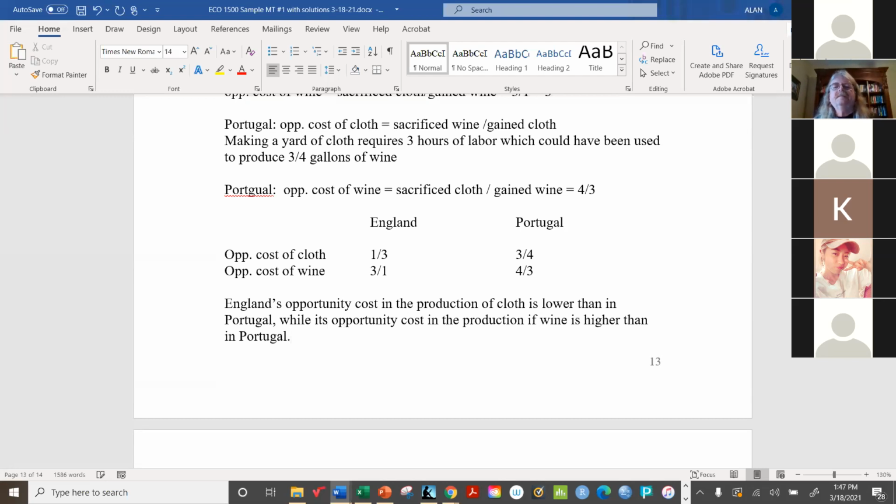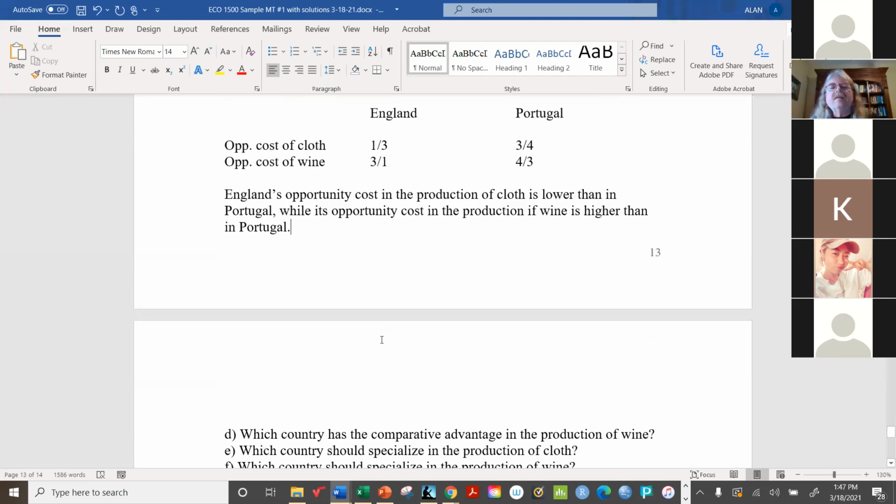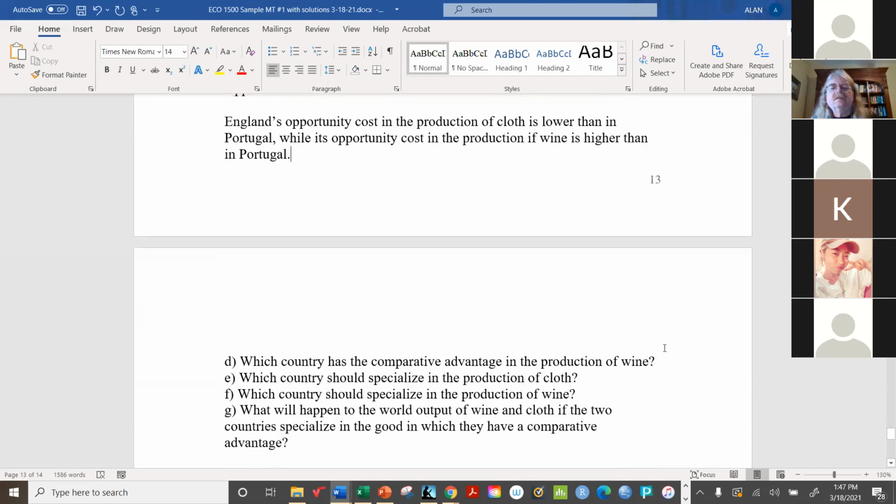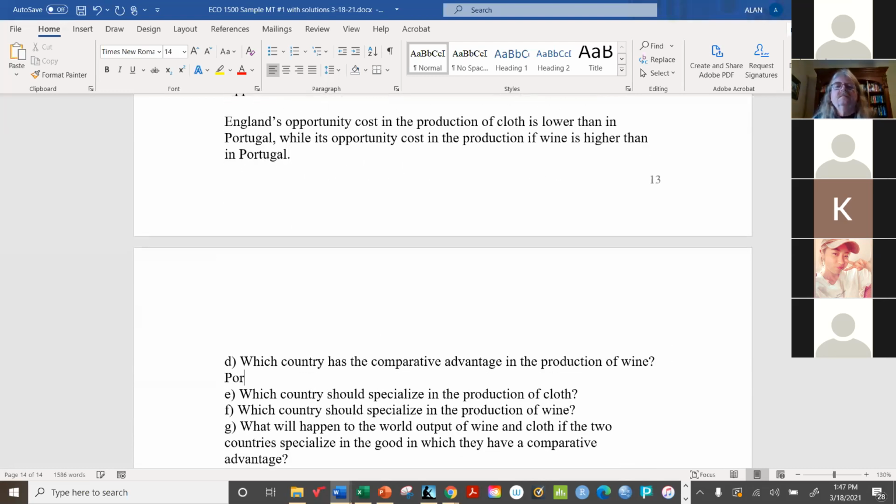That's the bottom line. So who has the comparative advantage in the wine? That makes it Portugal. Its opportunity cost of making wine is lower than for England.